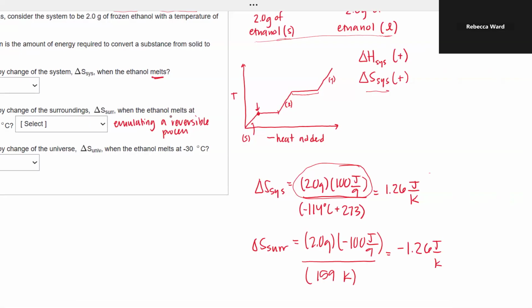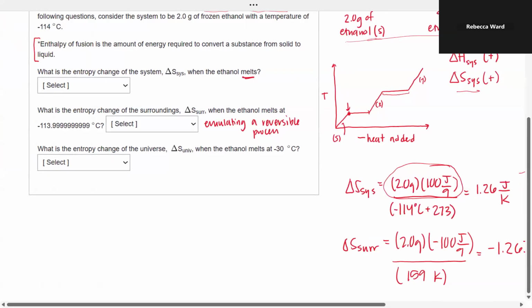And again, if I added these together, delta S of the universe would be 0, which is characteristic of a reversible process. So I have 1.26 joules per Kelvin here and negative 1.26 joules per Kelvin here.